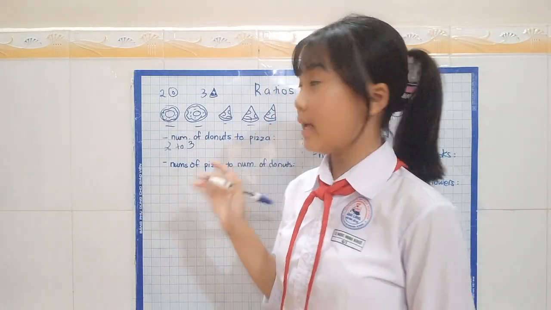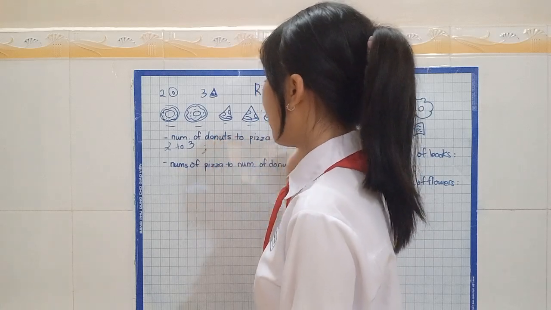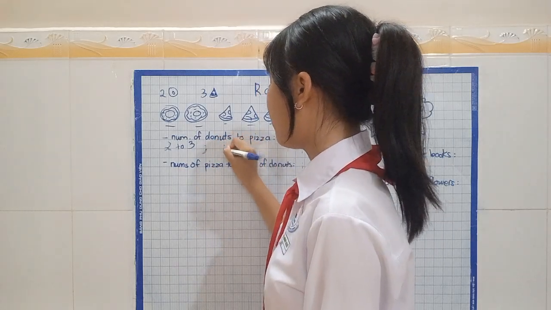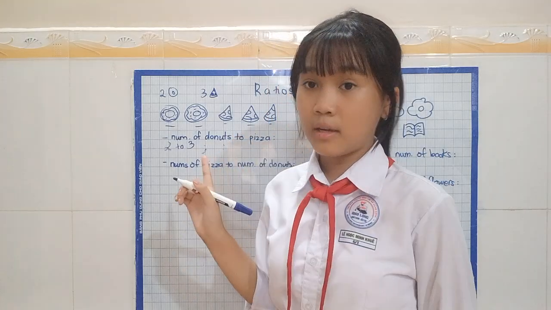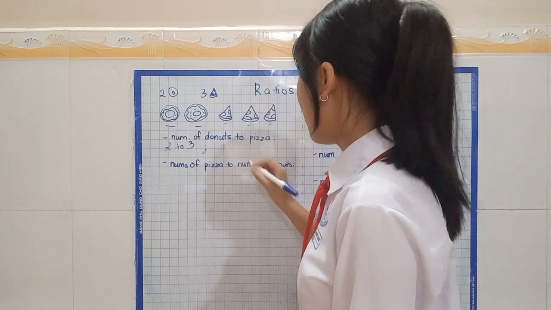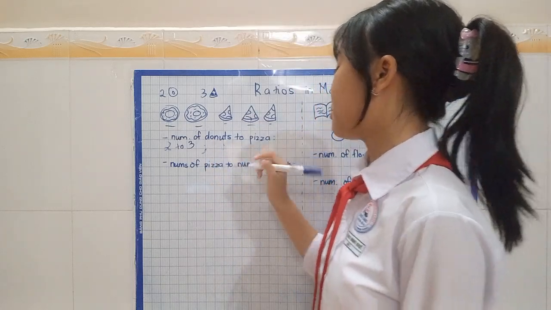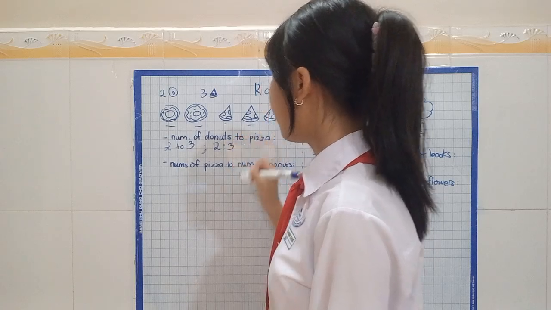Also, we could represent it in another way, which is through the symbol of this. So this is like the 2 dots. So this is also another way to represent ratios. So if we want to present the ratios of donuts to pizza, we have 2 to 3.